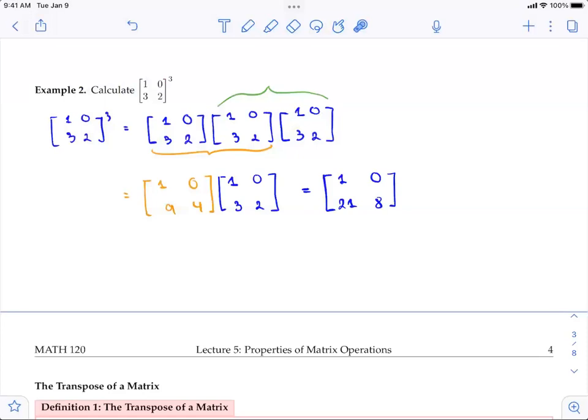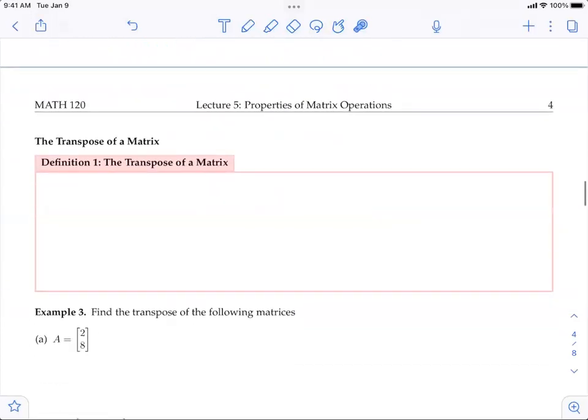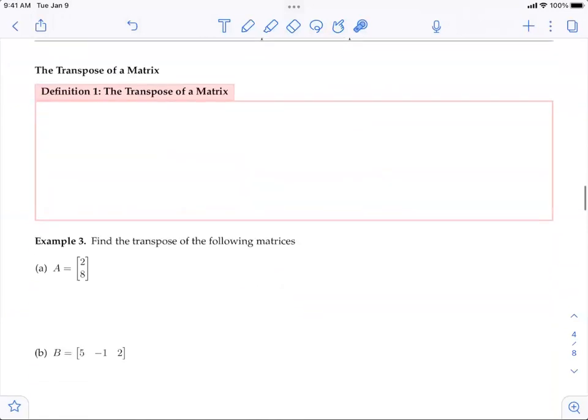The next type of matrix I want to focus on is called the transpose of a matrix. So what is the transpose of a matrix?